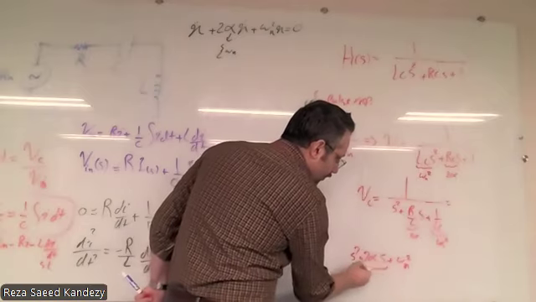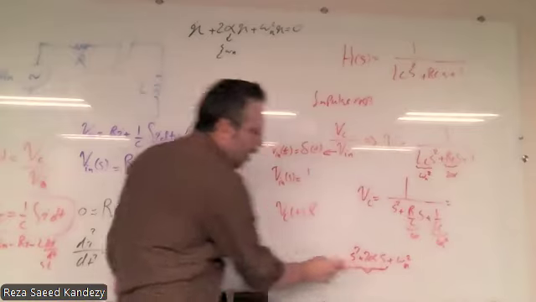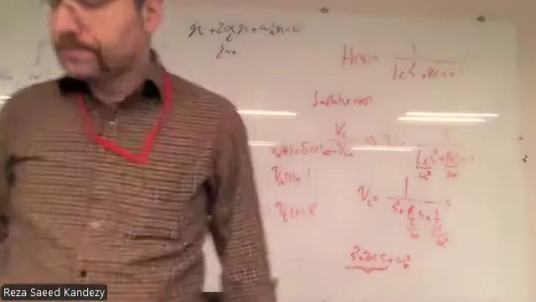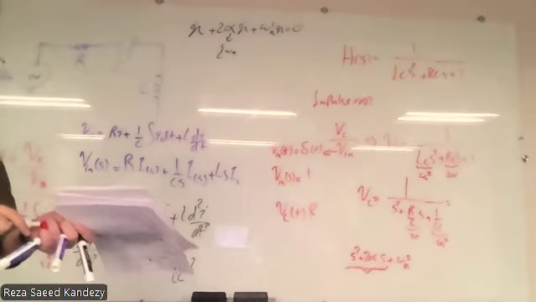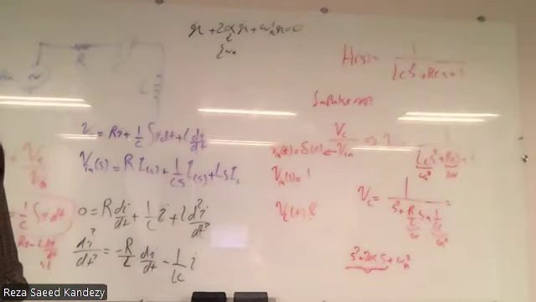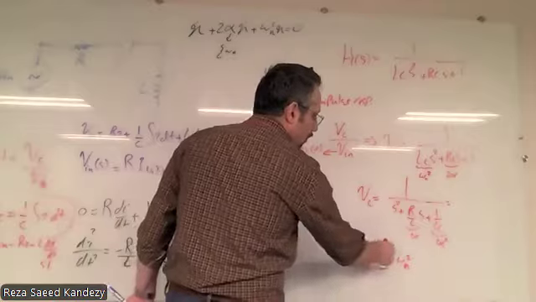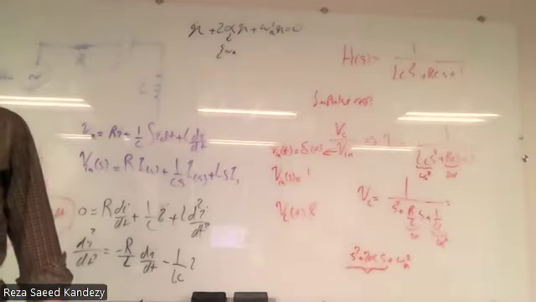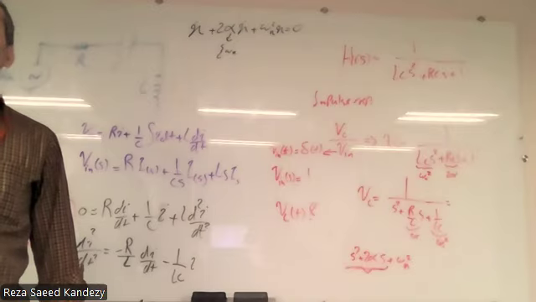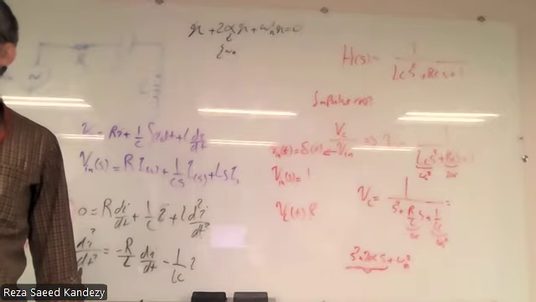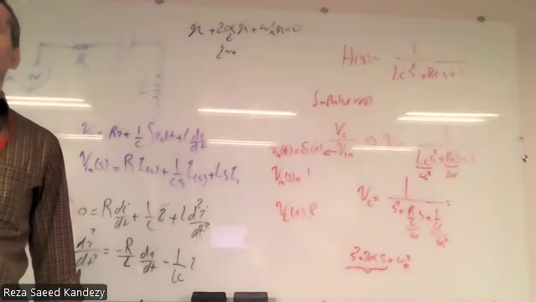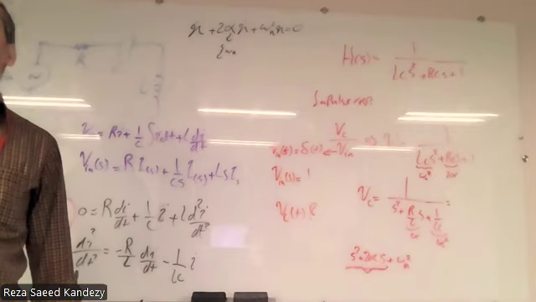Look at this term. Does it remind you of a certain function, a certain famous second order equation? When you look at this s squared plus 2 alpha s, what is the first second order term that comes into your mind?